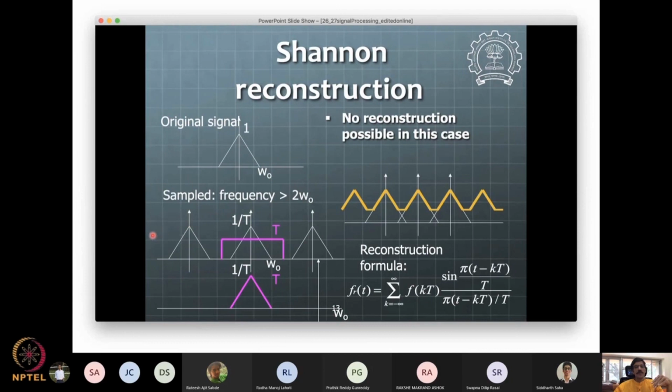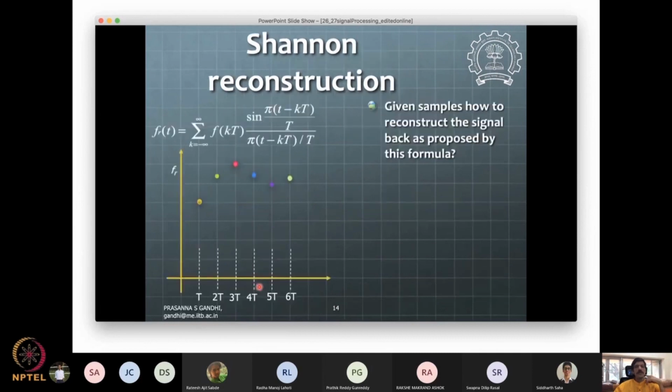The sampled signal, we already know, has multiple replicas of the original signal's frequency domain response coming up. But what we are looking at further is, if I now have those samples represented as a zero order hold, then for that kind of reconstruction, what is the frequency domain representation?